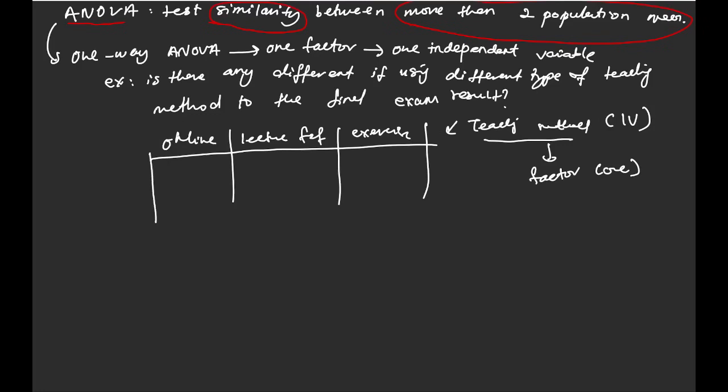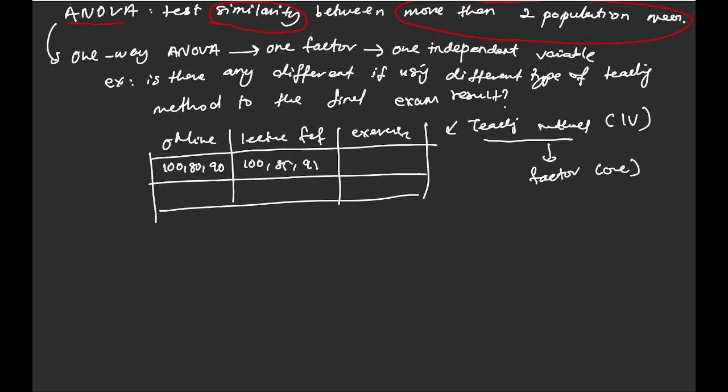And then here I will have the final exam result for 3 students: 100, 80, 90; 100, 85, 95; 95, 99, 70. This one is the results. So the final exam result will be your dependent variable.